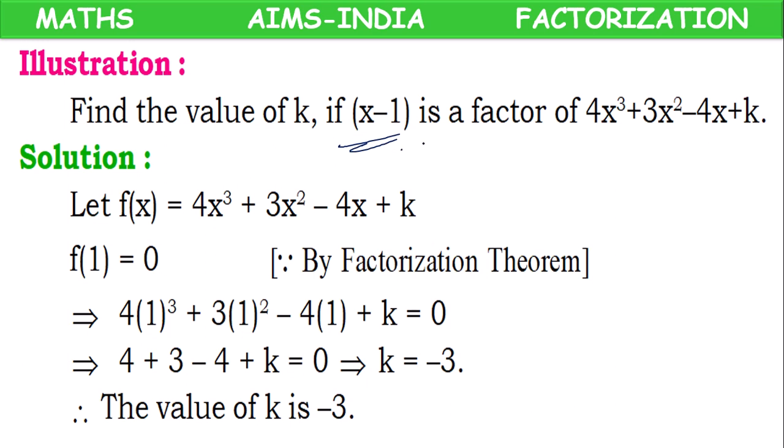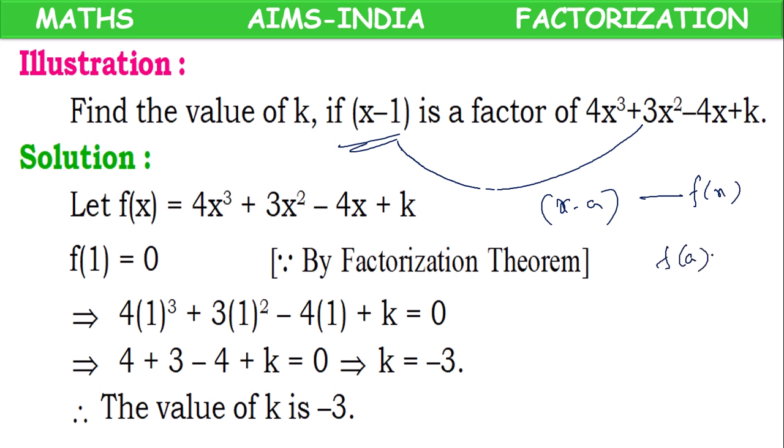According to the factor theorem, x minus a is a factor if and only if f of a equal to 0. Now in the place of a, we have 1. So x minus 1 is a factor of f of x if and only if f of 1 equal to 0.